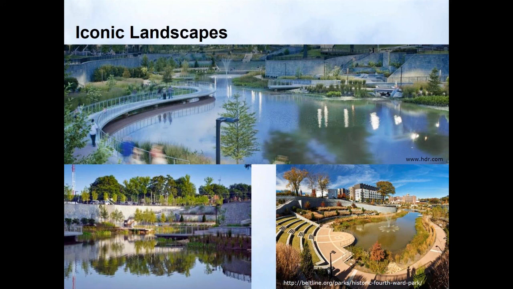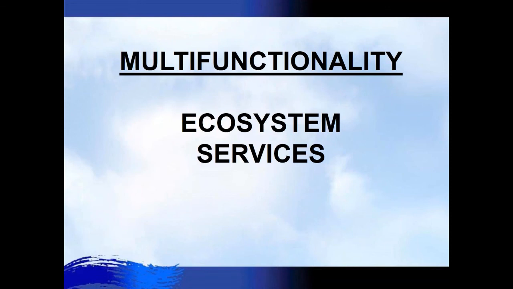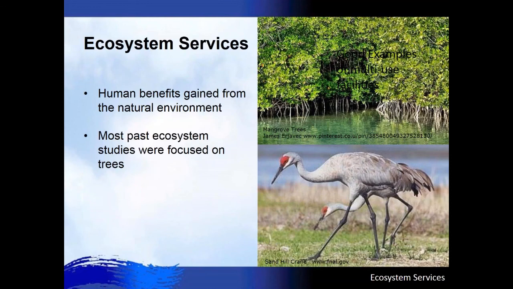Okay, ecosystem services. Ecosystem services are essentially the many benefits that humans gain from the natural environment. Most of the ecosystem studies that we have were focused on trees, and even with just that focus, the cost benefits of the ecosystem services shown for green infrastructure is pretty amazing.